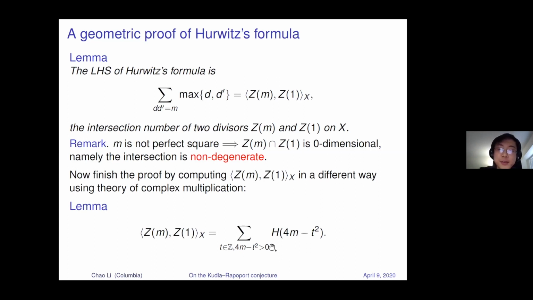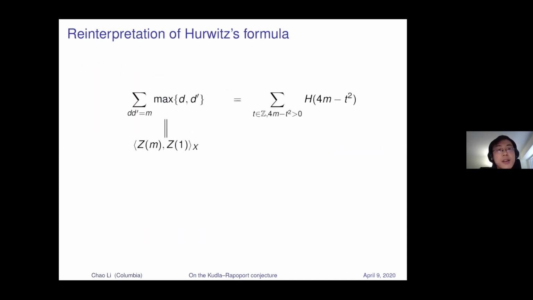Surprisingly, the Hurwitz class number will appear on the right-hand side. So to summarize: I can reinterpret the Hurwitz formula, writing this elementary divisor sum as a summation of Hurwitz class numbers, by reinterpreting both sides as a geometric quantity, namely the intersection number of two divisors on X. All right, any questions so far?